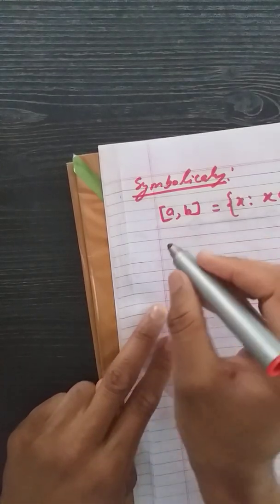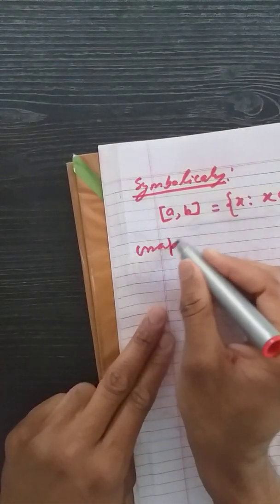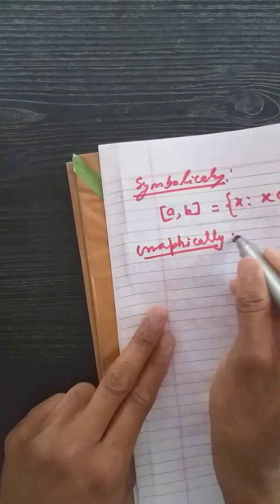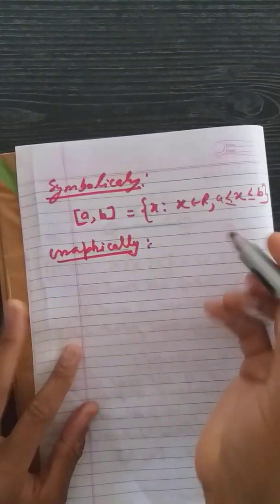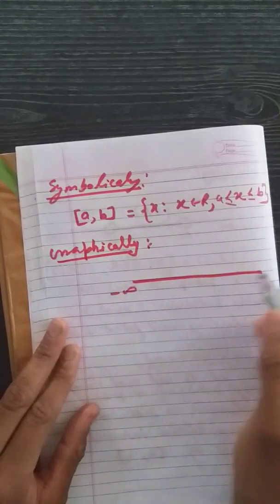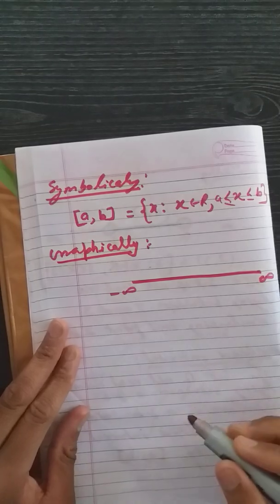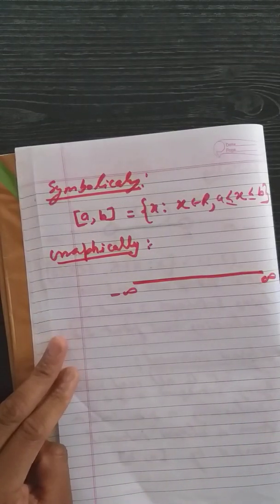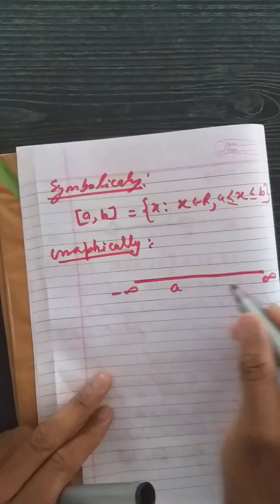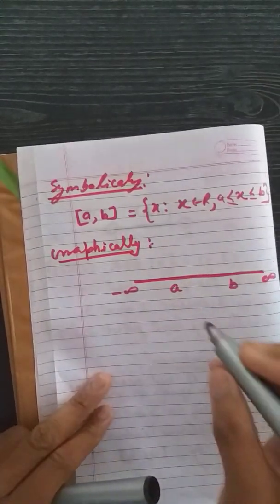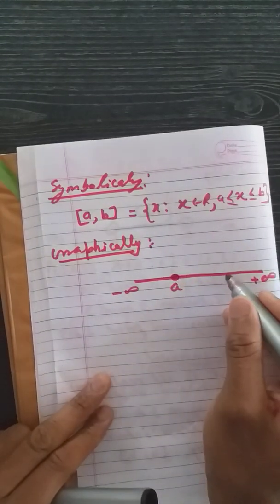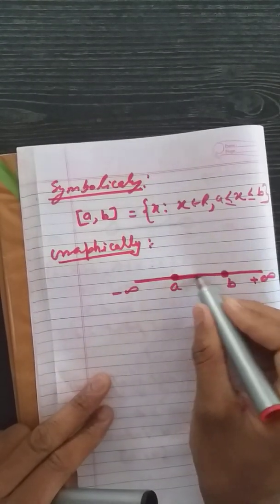And graphically, you can write it like this: minus infinity to plus infinity, this represents a, this represents b.